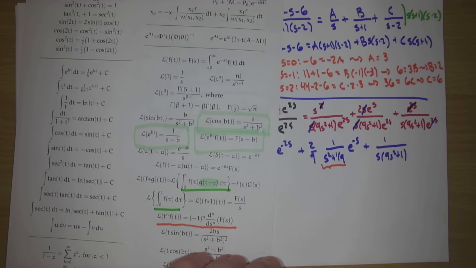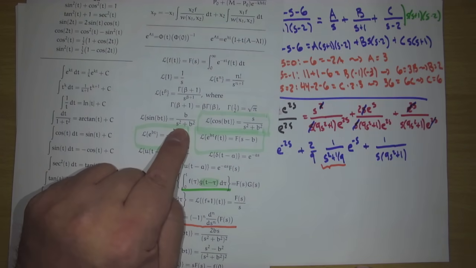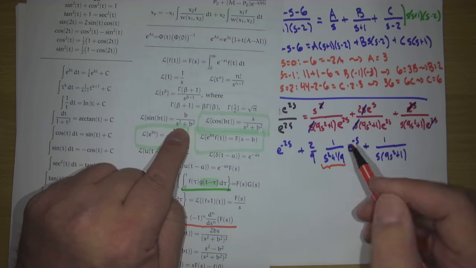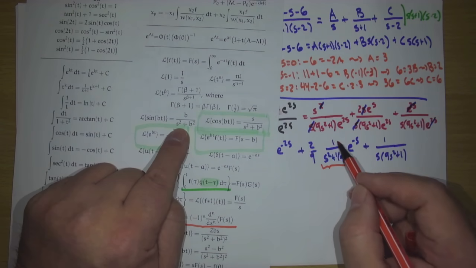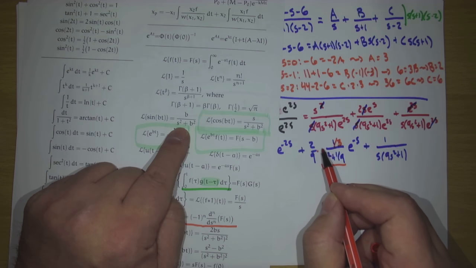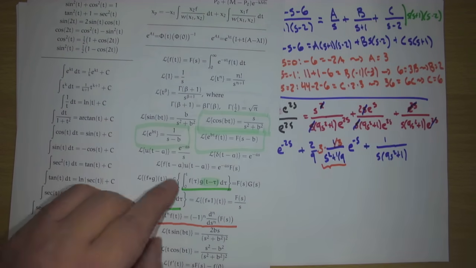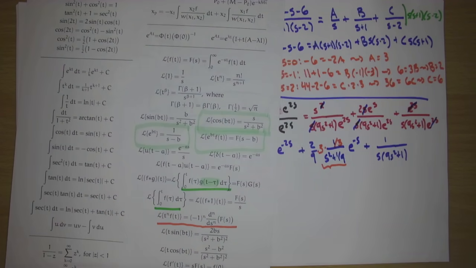Thinking about the table, this looks most like the sine. What's missing? Yeah, we're missing the something upstairs, should be a B. So what are we going to do? We're going to put it. And I'm like, what? We can't just do that. Well, we can if we do what? Multiply by a 3. And yes, we can simplify things, and we'll do that in a few minutes.